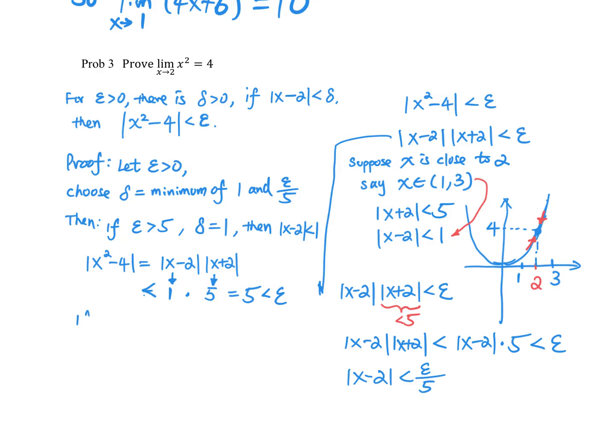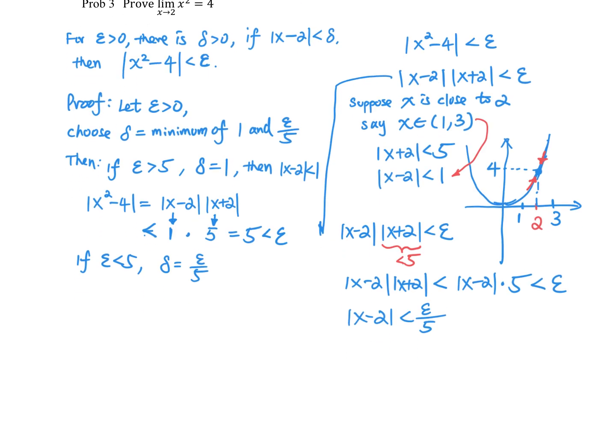Now, if epsilon is less than 5, then your delta will be epsilon over 5. What that means is the absolute value of x squared minus 4, which is equal to x minus 2 times x plus 2. And this is going to be less than, by the way, because delta is epsilon over 5, that means the absolute value of x minus 2 is less than delta, which is epsilon over 5, right?